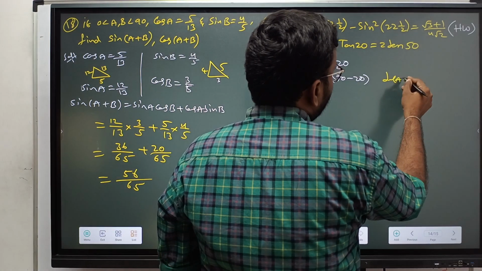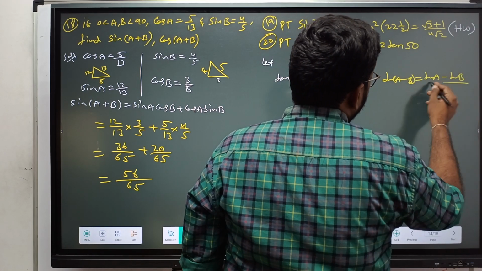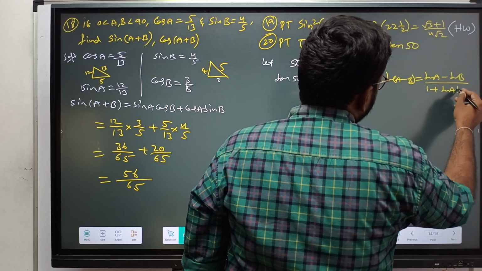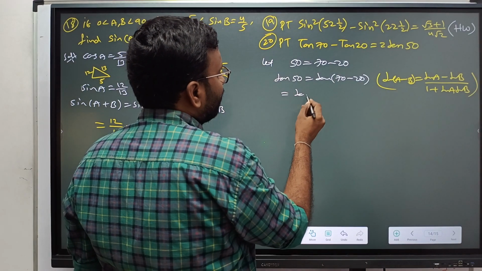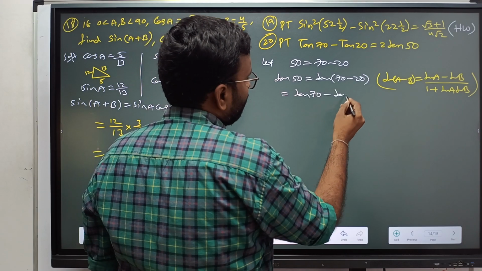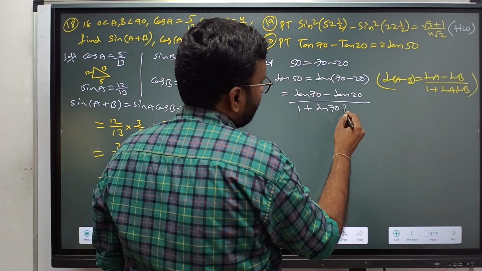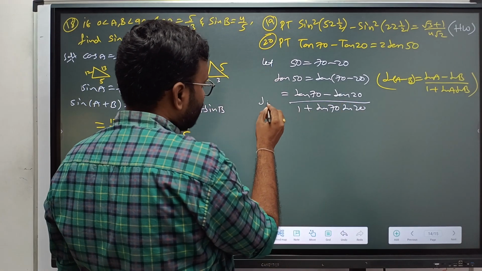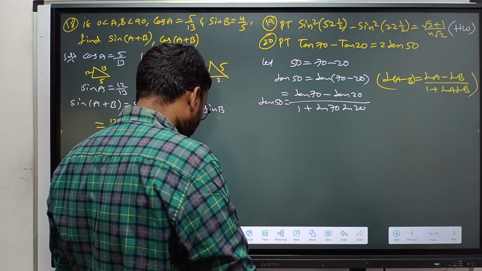What is the tan of A minus B formula? Tan A minus tan B by 1 plus tan A tan B. Tan 70 minus tan 20 by 1 plus tan 70 tan 20, which is equal to tan 50.